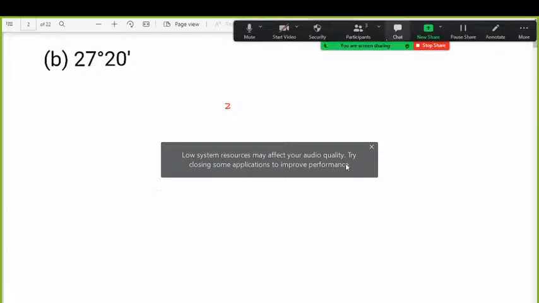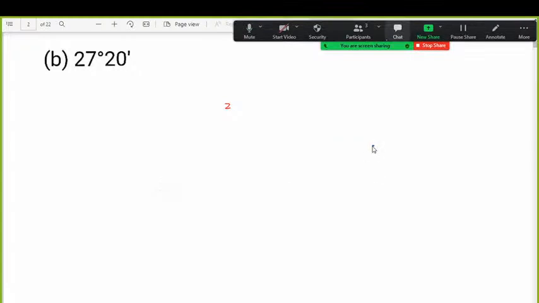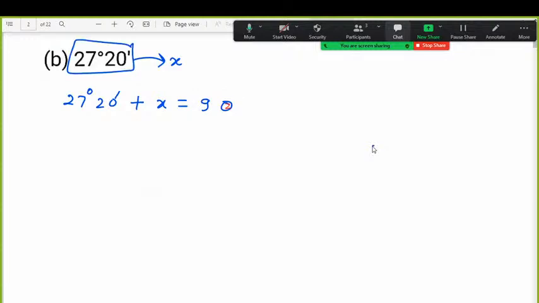I will tell you. 27 degrees and 20 minutes it is. If you want to solve this, first I need to understand that the sum should be 90, because we want the complement. I'm assuming that its complement is x, so this angle and this angle should sum to 90.